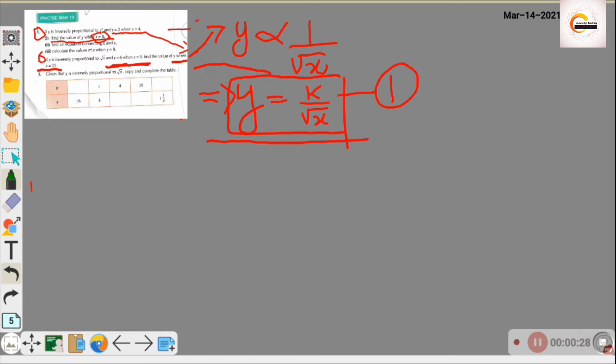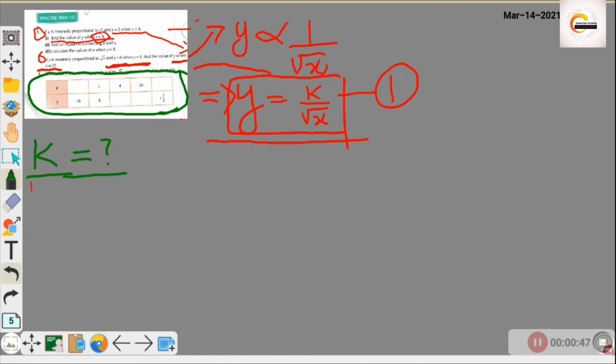To calculate k, we must know the value of x and y. So let's see in this table from where we can get the value of x and y.